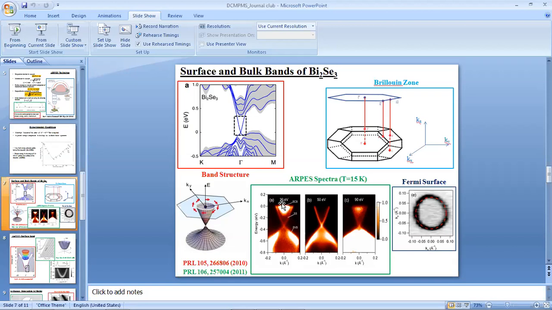But you can see from 30 eV you might get a contribution from this bulk band also. So there could be another circle because of the bulk band. The Fermi surface also cuts the bulk band, and I don't know how that Fermi surface would look.